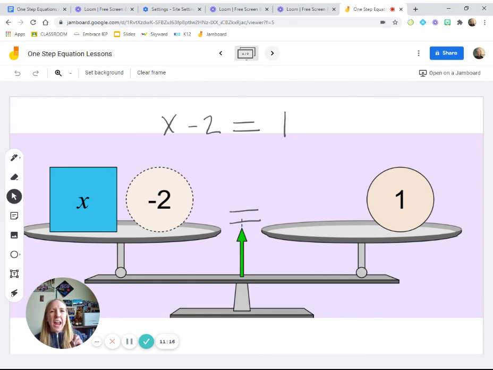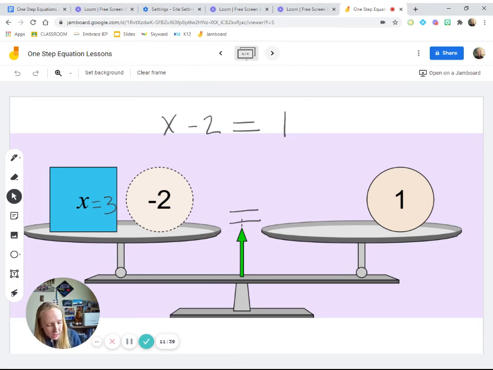So in order to take away 2 and still be left with 1, x would have to equal 3. And if you think about it, it makes sense because 3 minus 2 equals 1.